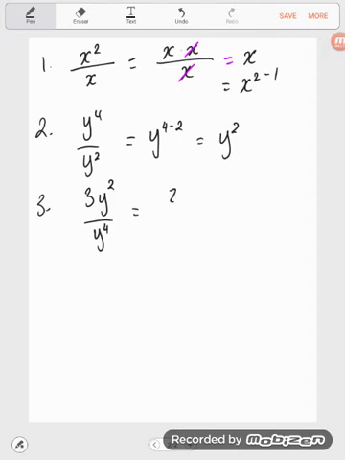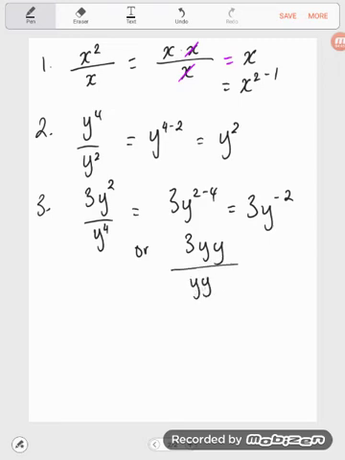Okay, so we could have 3y to the 2 minus 4, which is just going to be 3y to the power of negative 2. Or you could have 3y squared over y to the 4. Okay, we can cancel 2 off, so we have 3 over y squared. Okay, these two things are actually the same.